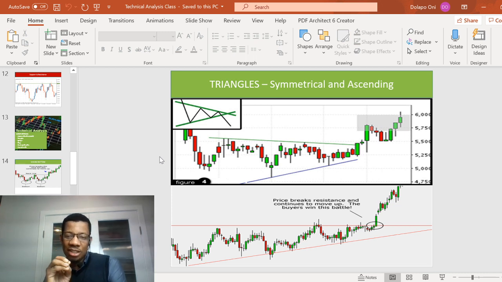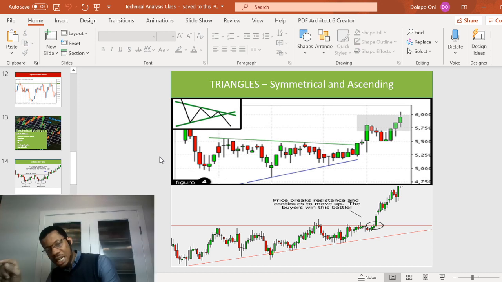Once those signals are generated, for instance, let's say I'm trading a stock in a foreign market, Alphabet, Google, or Microsoft, or Facebook, and I can see a triangle forming in the price chart, a symmetrical triangle or an ascending triangle.